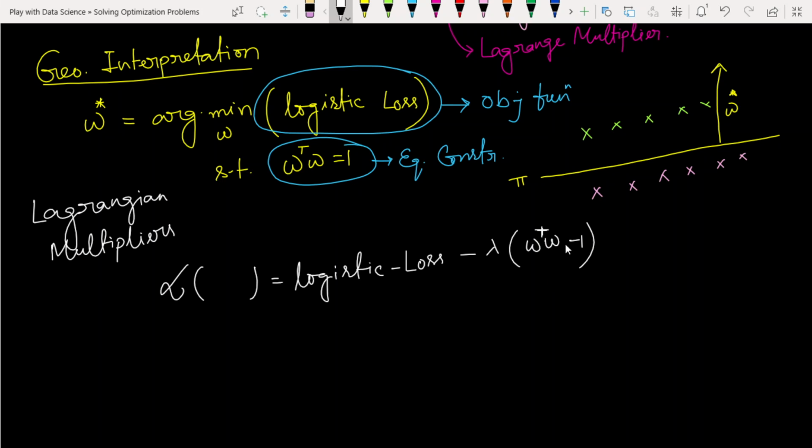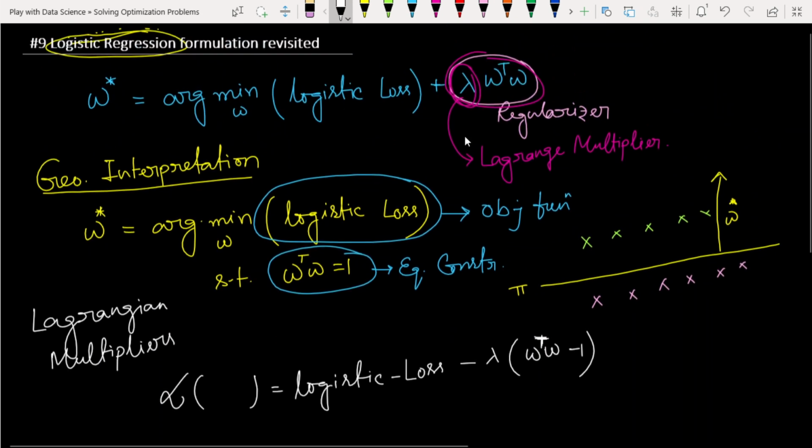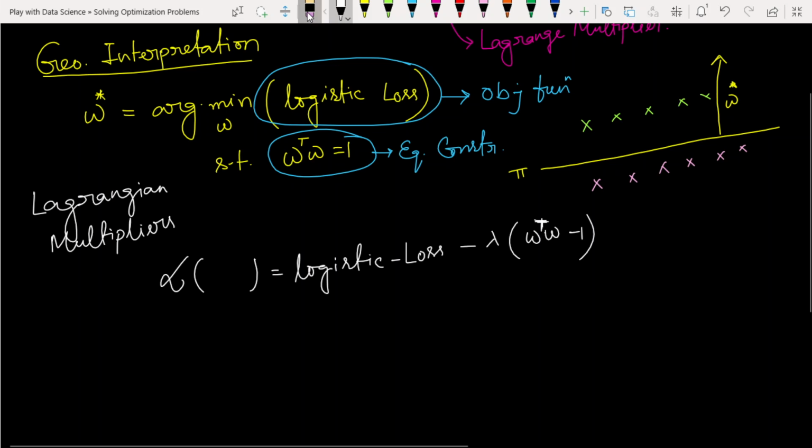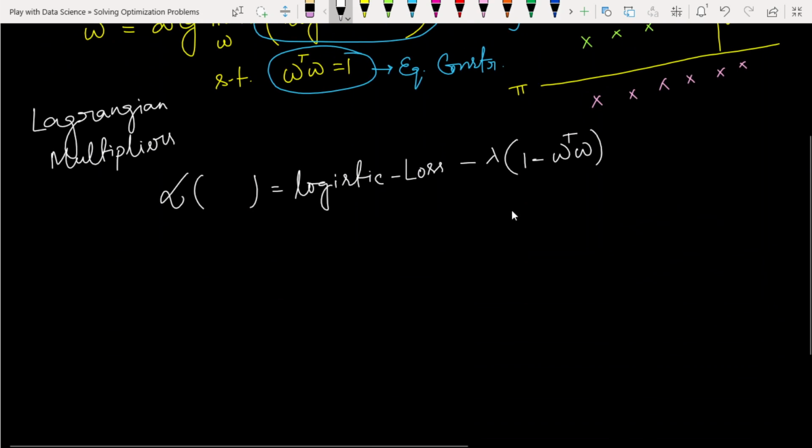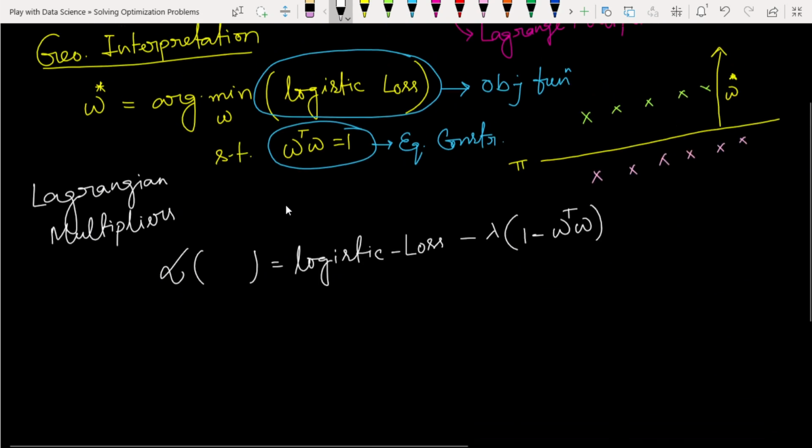Both forms are the same thing. If you are interested, you can use 1 minus W transpose W instead, no problem. I am comparing this equation with this one, and this equation is a function of W and lambda.